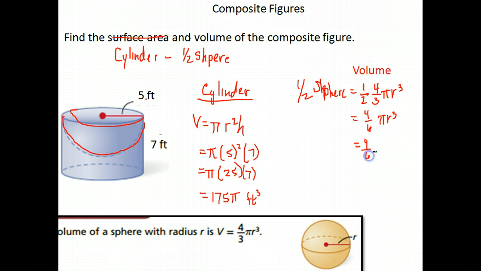We have 4/6 pi times our radius of 5 to the third power. 5 times 5 times 5 gives us 125.